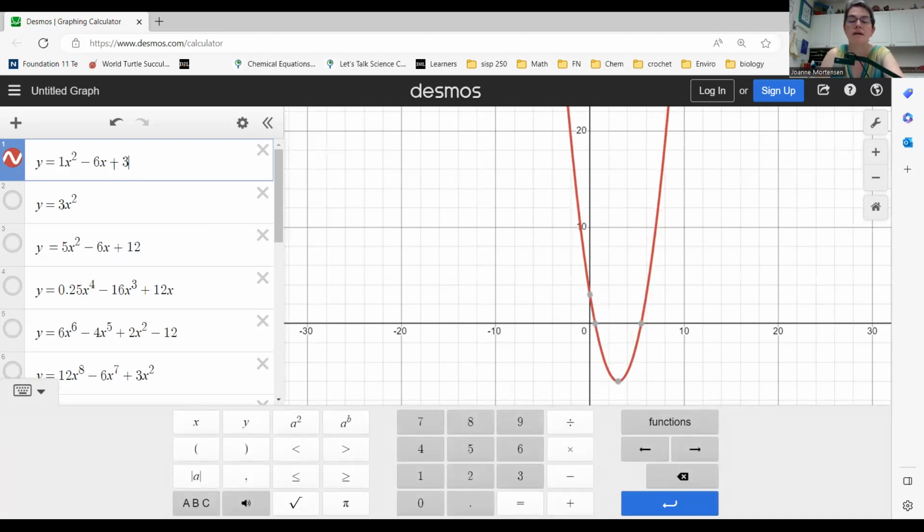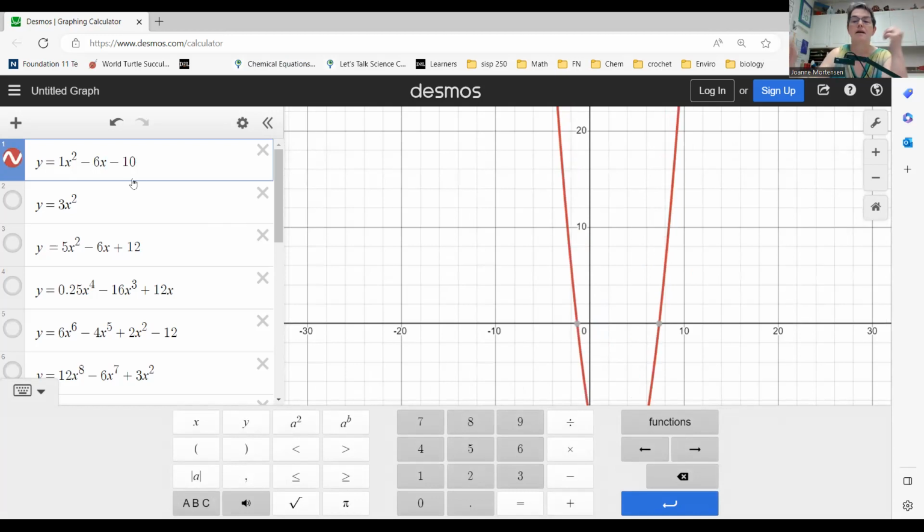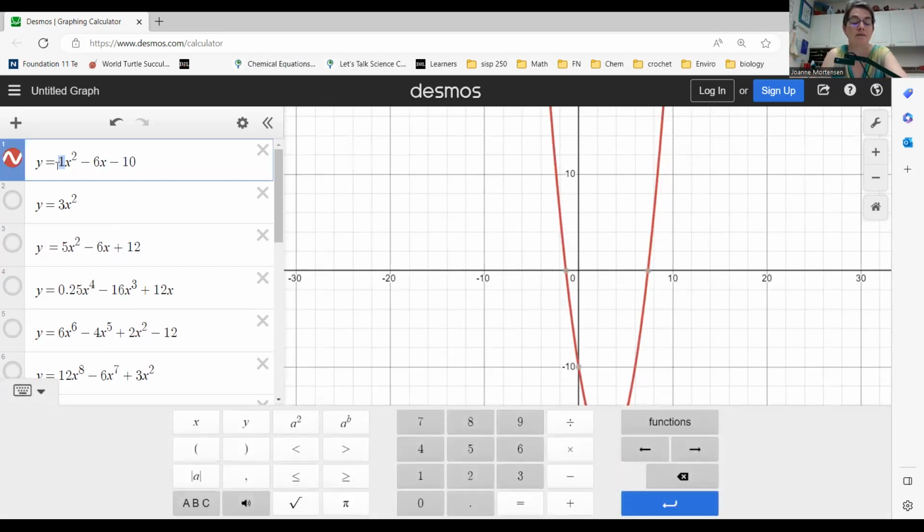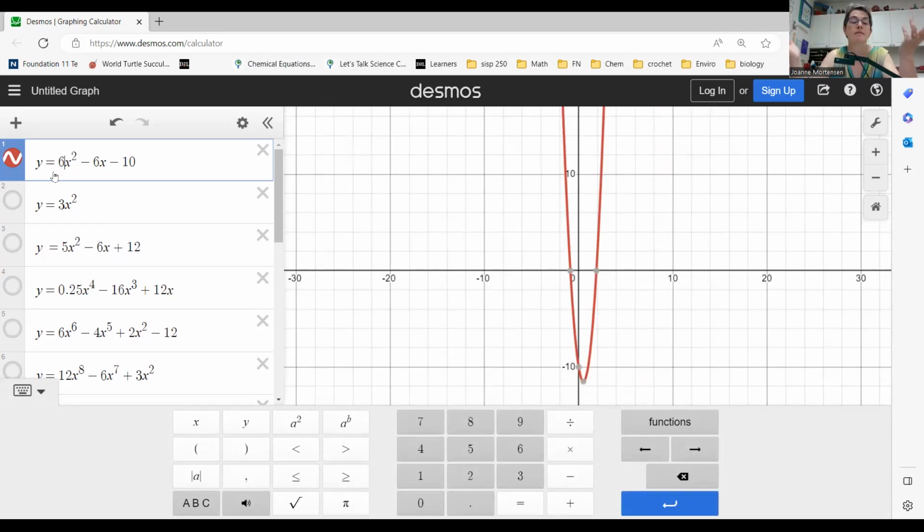And I put 3, or put minus 10. It's all just pretty much that same smile. I'm just moving around a little bit. Okay. And in fact, if I put 2 there, I can make it skinnier. If I put 6, it's going to be super skinny, but it's still the same shape.